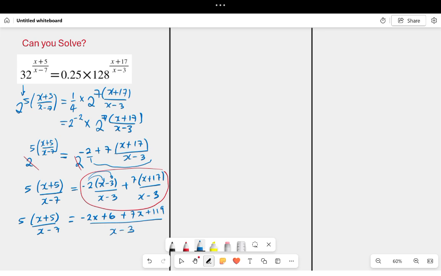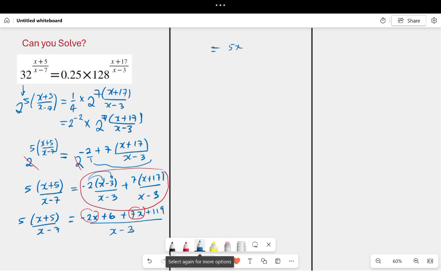All right, now we are going to simplify the right hand side of the equation. On the right hand side, negative 2x plus 7x, we are going to get 5x.